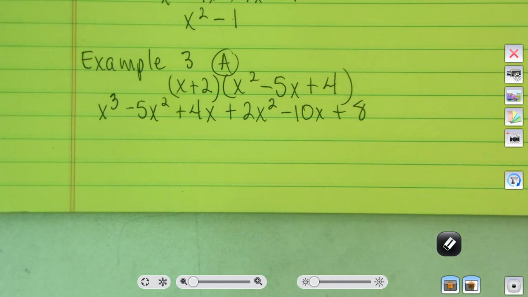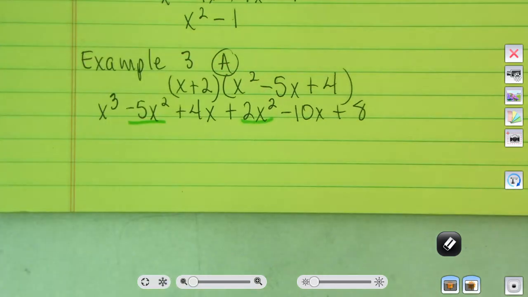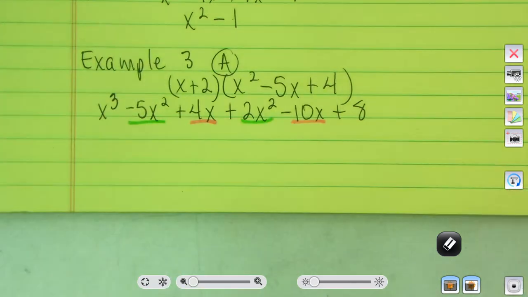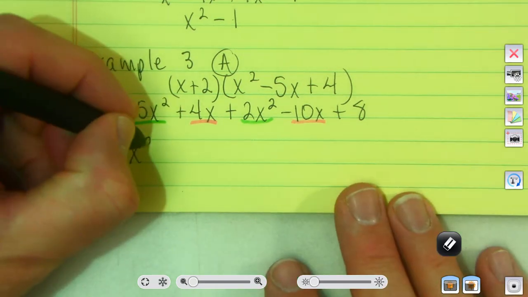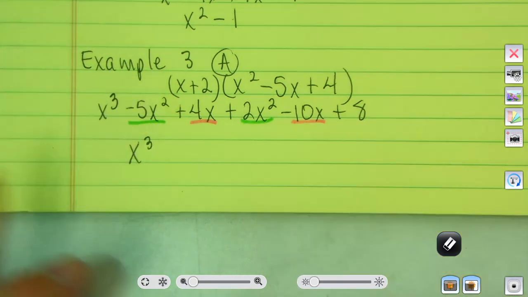Now, I'm not done because, again, I've got to inspect it for like terms. There's a like term. There's a like term. I see another one right here. Here's an x. Here's a negative 10x. All right, so I can put my like terms together. It's going to be x to the third. And I'm going to put x squared next because I put it in descending order of my degrees.